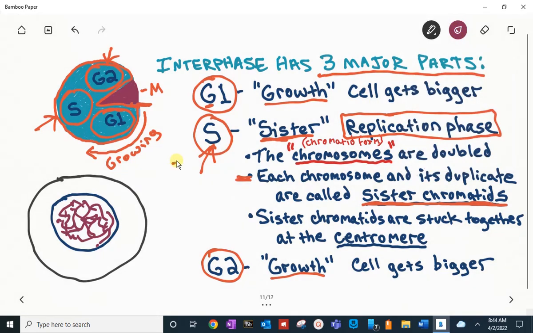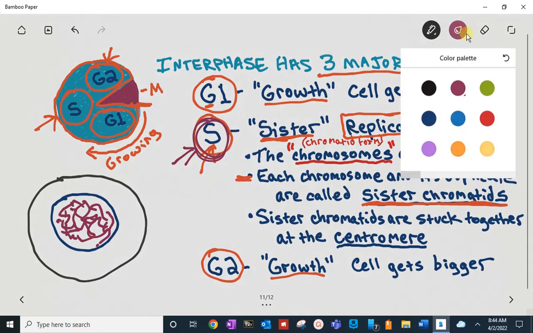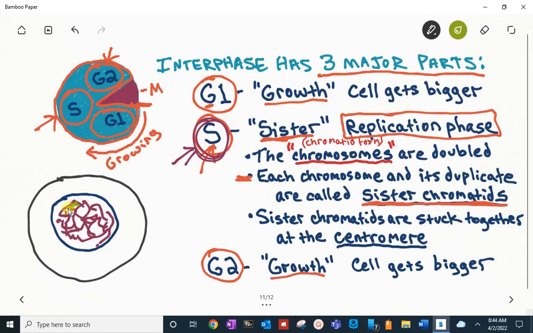So during the S phase, the sister phase, or the replication phase, all of these chromatids duplicate, and they all create identical doubles of themselves. And the doubles are called sister chromatids. So now there's two sets of chromosomes in here, thanks to the S phase, the sister phase.